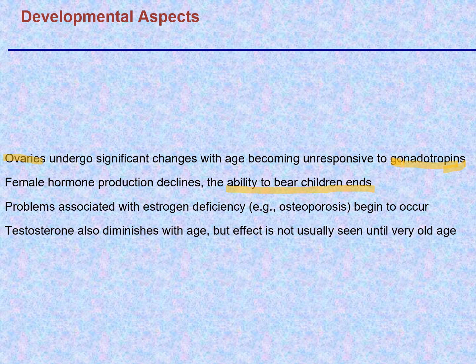So the strength of the bones, the density of the bones is weakened, is reduced, and that leads to things like more commonly hip fractures. Testosterone also diminishes with age, but the effect is not usually seen until a very advanced stage in terms of senescence or aging.